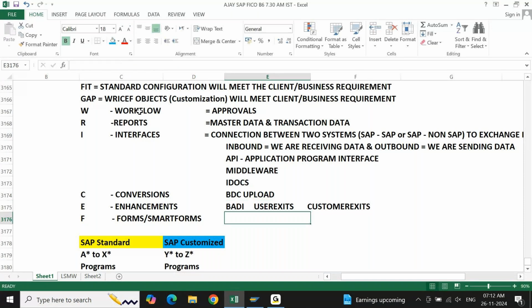And then when you're talking about forms or smart forms, any printable data, am I correct? Anything that you would like to print, we can call it a smart form or a form.